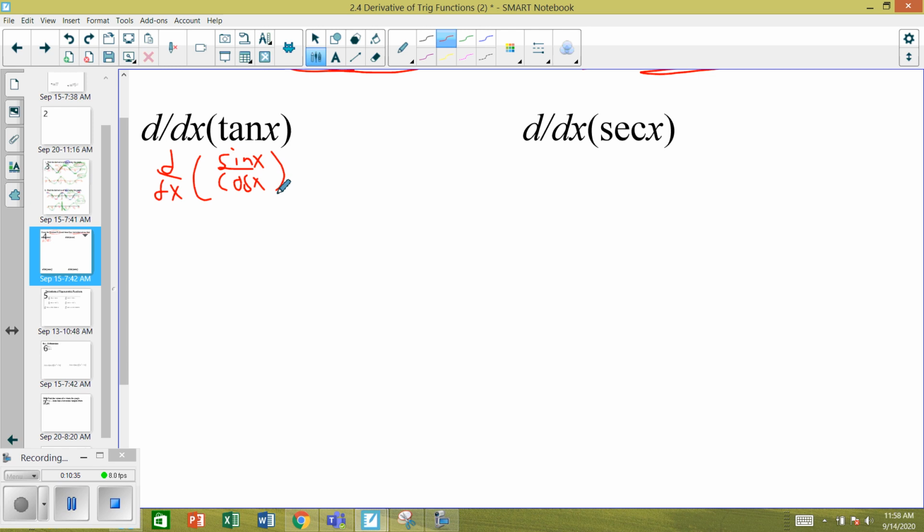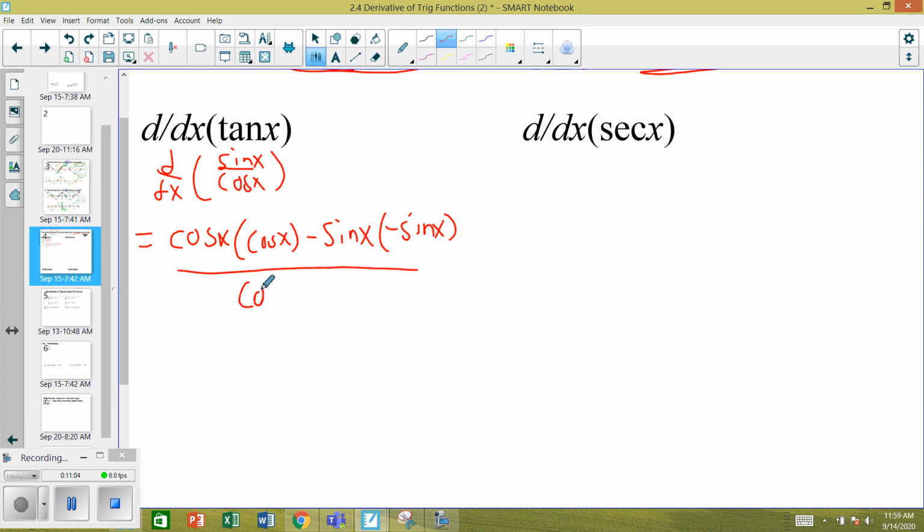We're going to do low, which is cosine, d high, and we know that the derivative of sine is cosine, minus high, which is sine of x, d low, and we know from before that the derivative of cosine is negative sine of x, all over low, which is cosine squared x.